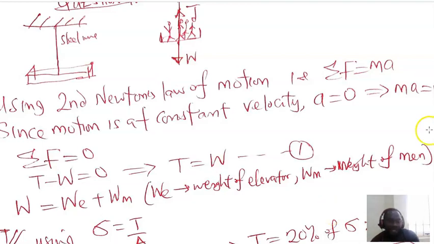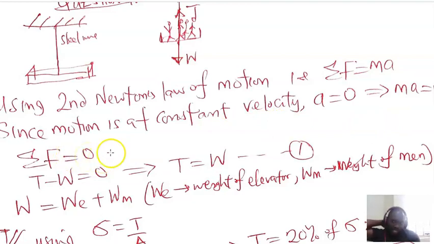And if a is 0, it means that ma also equals 0. So if ma equals 0, it means summation F equals 0.